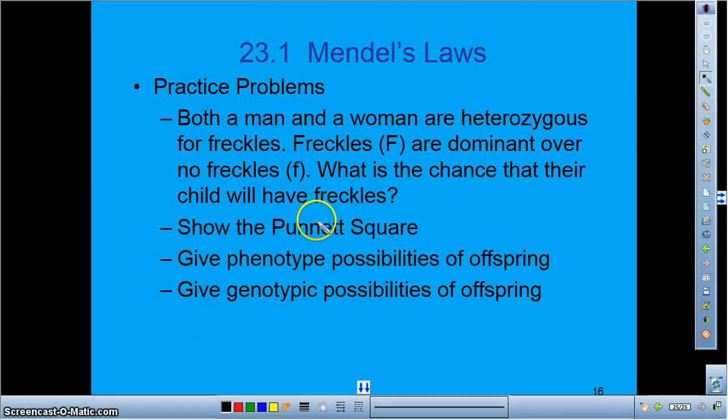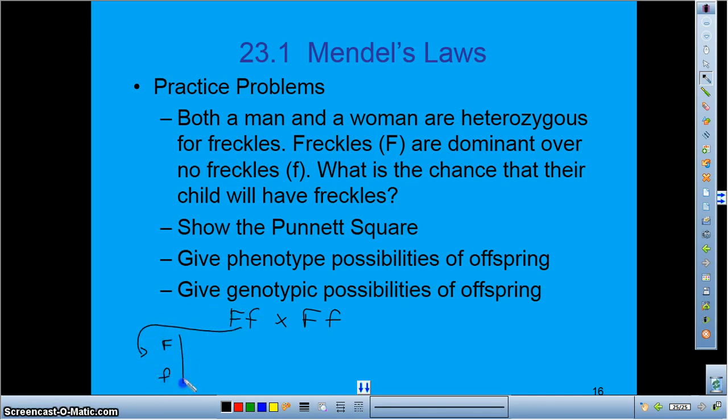So the first thing you're going to do is write down what you have for the male and the female, or the two parents. So they're both heterozygous for freckles. That means that they both have one big F and one little f. We're going to show that here. Then we're going to do a Punnett square, and this parent, out of habit, I always put on the left-hand side.